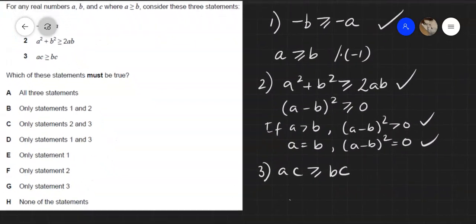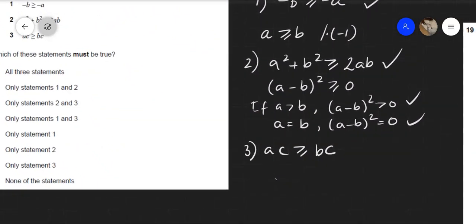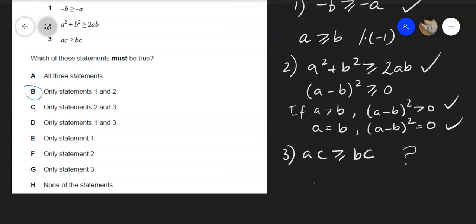So in case when c is negative, this inequality will not hold anymore. We don't know whether it's true, and in fact, it's not always true. It depends on the sign of the number c. Therefore, the only correct statements in this question are number 1 and 2. And the correct answer is B.